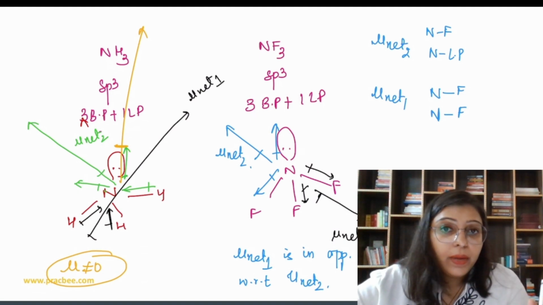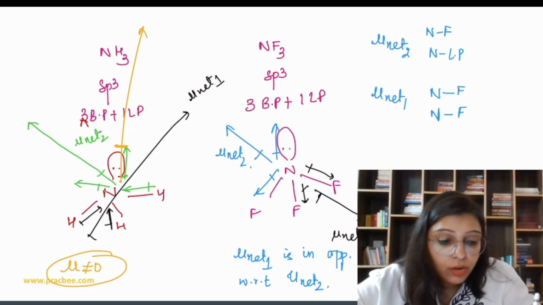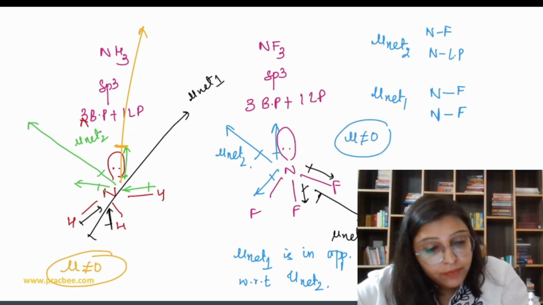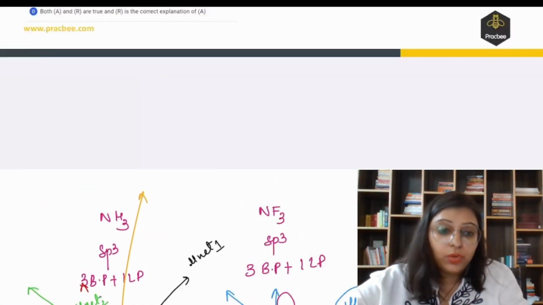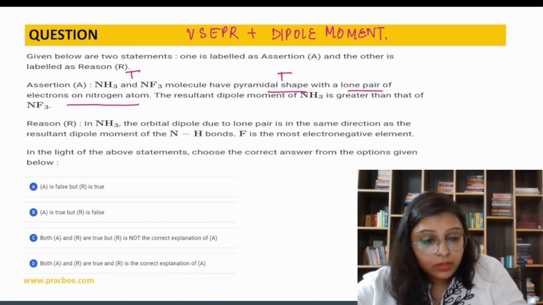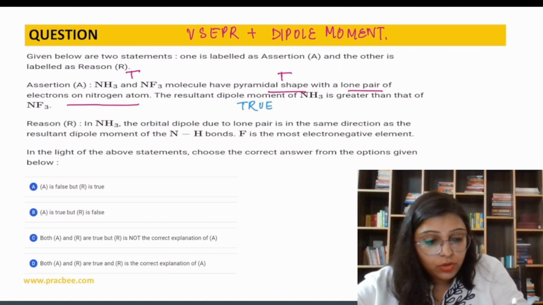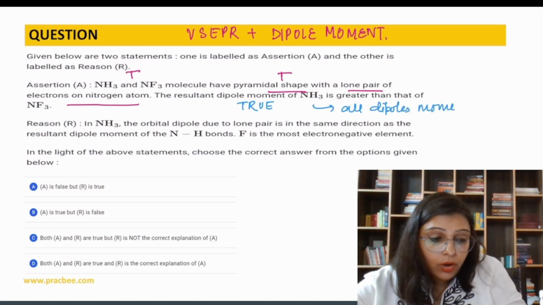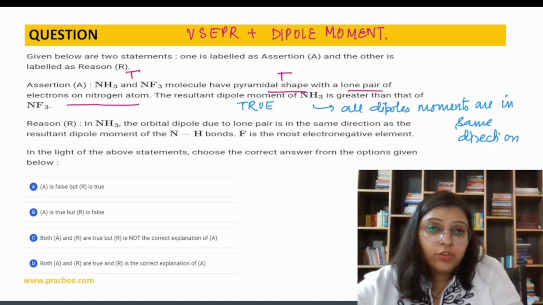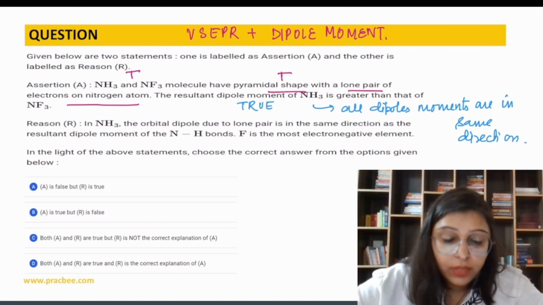So that's why the lone pair dipole moment cannot cancel it, but obviously the NF3 dipole moment is less in comparison to ammonia. So this statement is true, because in NH3 all dipole moments are in the same direction. That's why the dipole moment of NH3 is greater than the dipole moment of NF3.